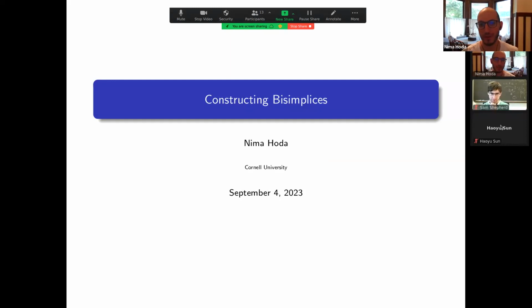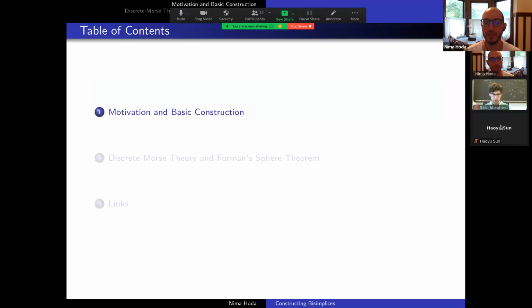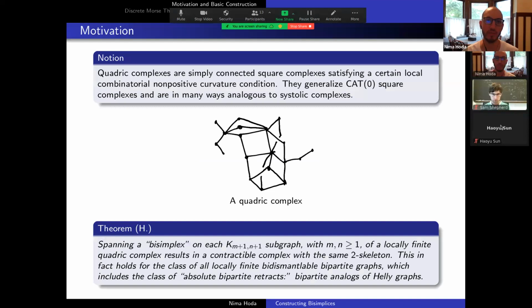Bisimplices are a family of cells that can be used to give higher dimensional skeletons to bipartite graphs. They're appropriate for certain families of bipartite graphs. My own motivation was in giving higher dimensional skeletons to a family of two-dimensional square complexes called quadric complexes, which are a type of combinatorially non-positively curved complexes.